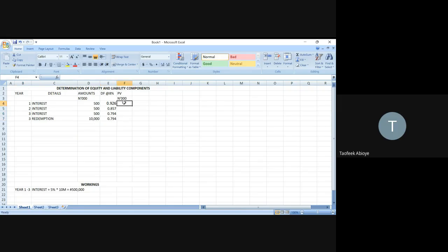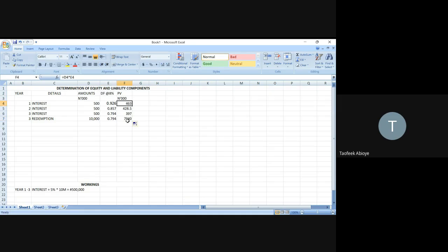So, let me use Excel. My amount multiplied by my discount factor. So it's going to give me all this, and I can drag down. So can you see now? My present value, I'll discount all these using the effective interest rate of 8%.